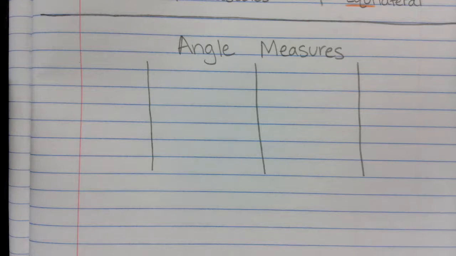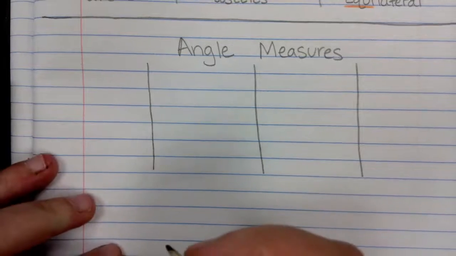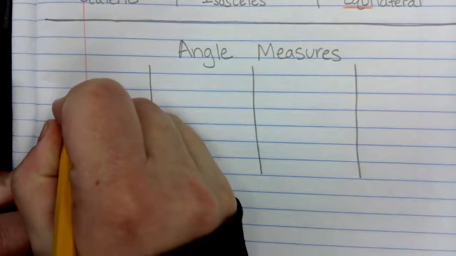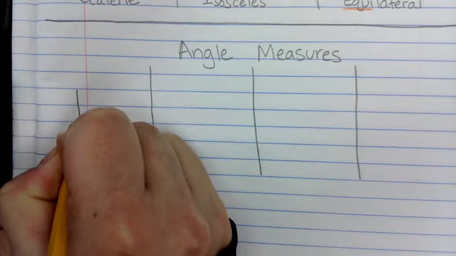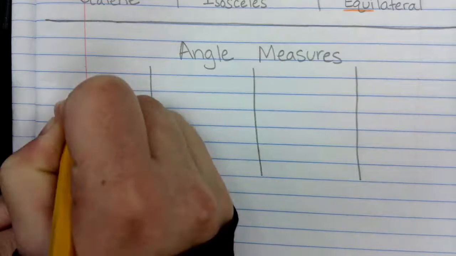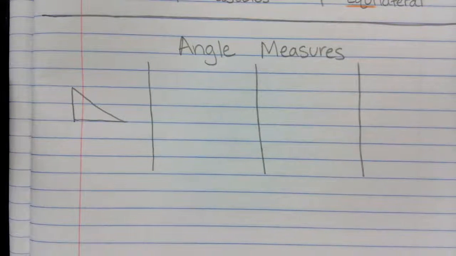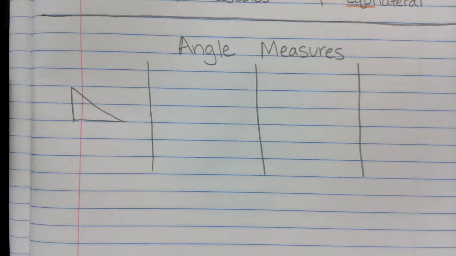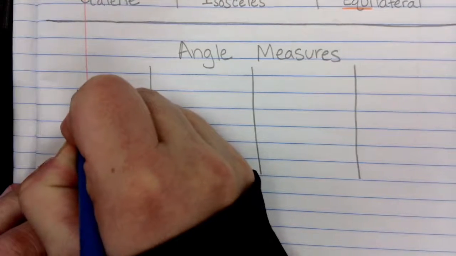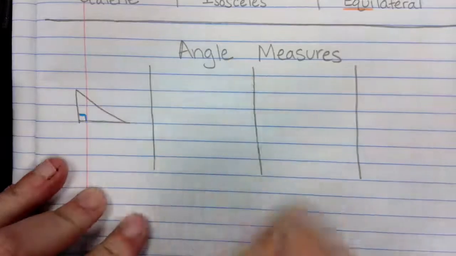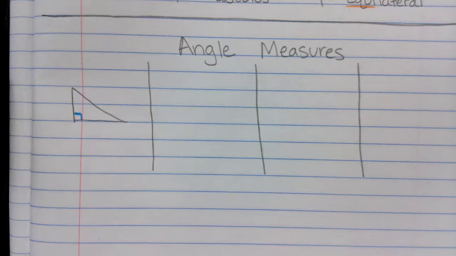Alright, one type of triangle with angles we talked about was a right triangle. So this has nothing to do with sides, which means I'm going to put it in pencil. In a right triangle, that means we have one angle that gives us that 90-degree angle. So those of you just coming in, go about halfway down your page and put this angle measures with the 3 lines.